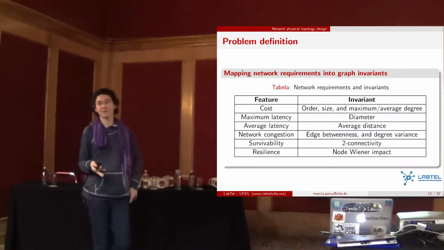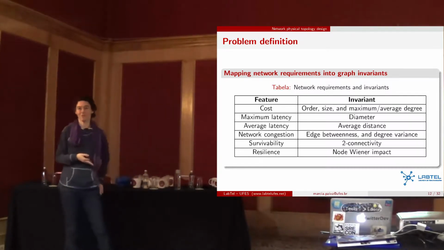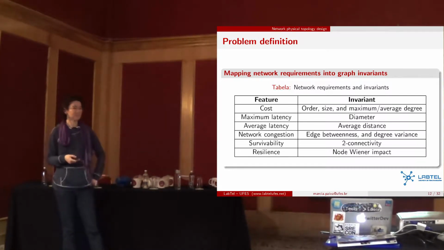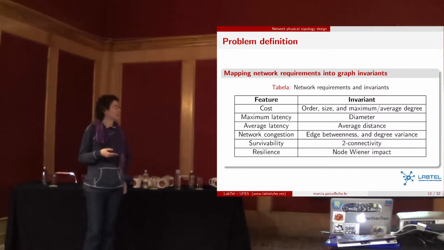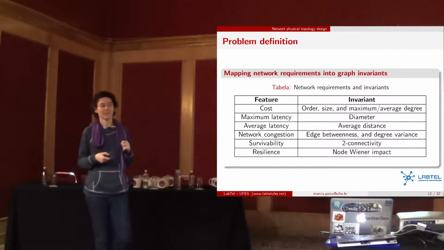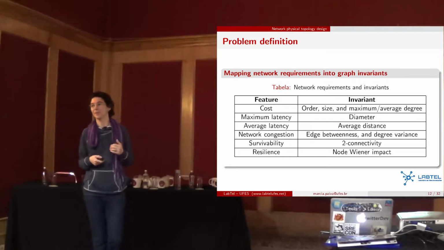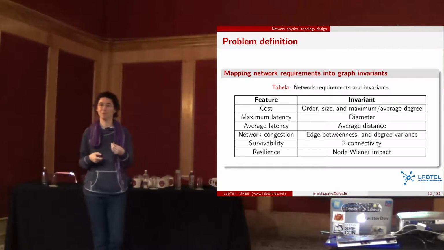Now, the degree of a node is just the number of links connected to that node. In many applications, the maximum degree is a very important constraint, because it is related to the cost to build the equipment physically.